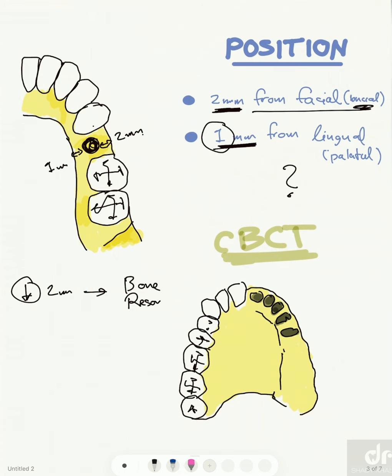This is a three-dimensional cone beam, which can identify and locate exactly the position and direction of the implant by showing the 3D dimensions of the site: the width, the height, and the length, the mesiodistal.